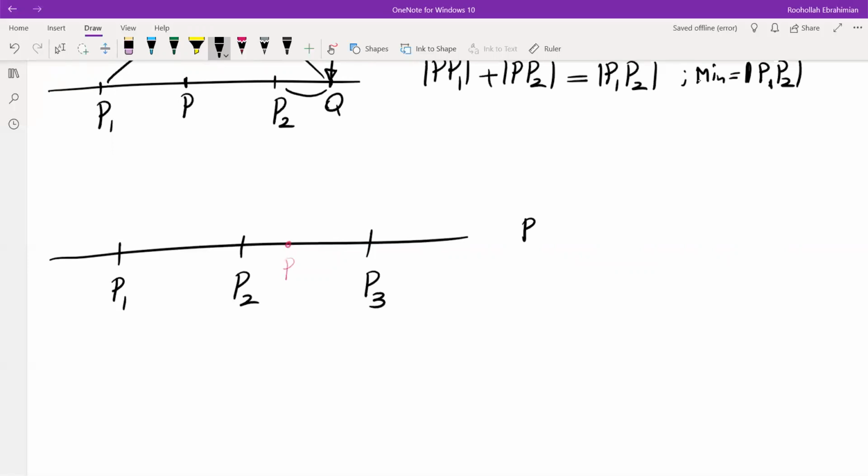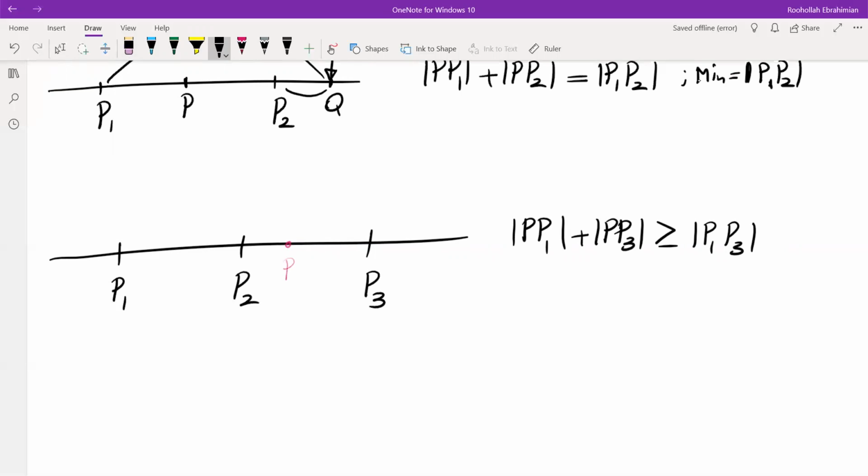The distance between P and P1 plus the distance between P and P3 is always greater than or equal to the distance between P1 and P3. So it seems to be best to place P in between P1 and P3.